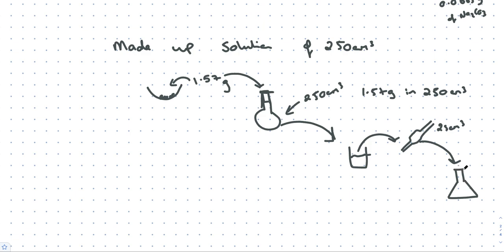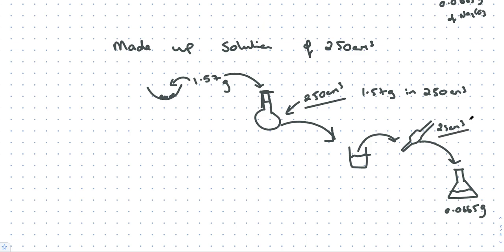So what I actually know is that if there were 0.0665 grams inside the conical flask, to find out how much there was in the original solution, I have to account for the fact that I had 1/10 the amount inside here, because the dilution factor went from 250 to 25 centimeters cubed.